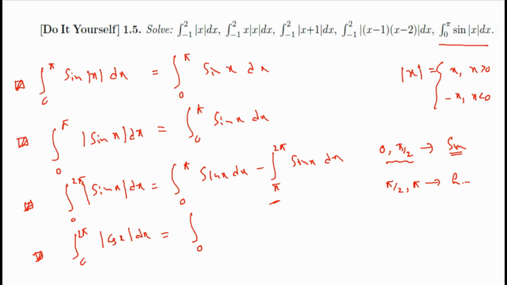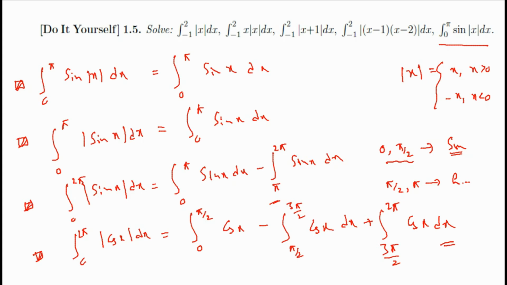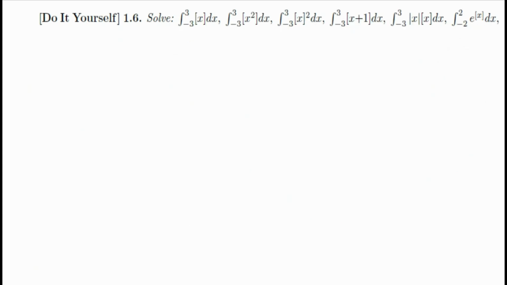So 0 to pi by 2 cos x dx, minus pi by 2 to 3 pi by 2 cos x dx, plus 3 pi by 2 to 2 pi cos x dx.